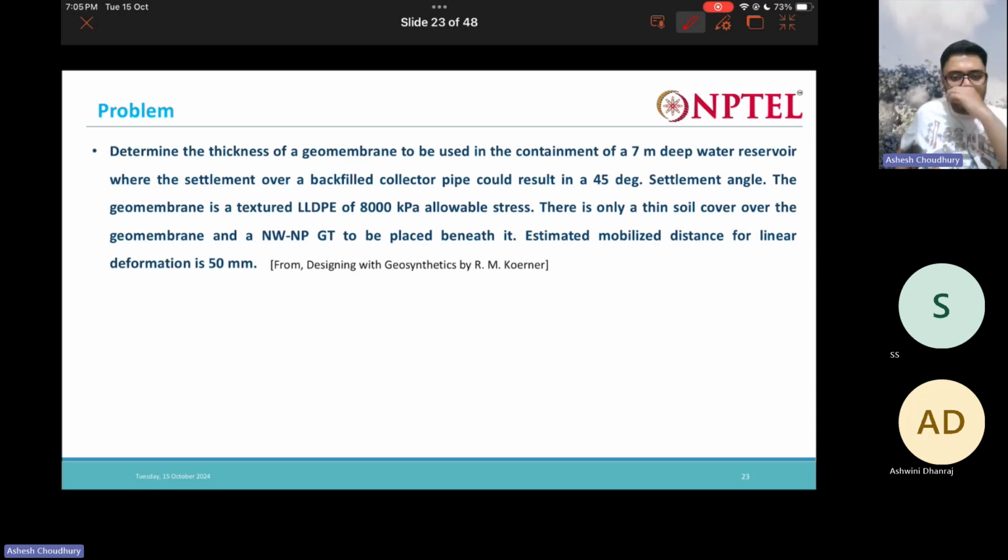There is only a thin cover of soil over the geomembrane and a non-woven needle-punch geotextile is placed beneath it. Estimated mobilized distance for linear deformation x is 50 mm. So you need to determine the thickness. Directly just put the values and you will get it, right.